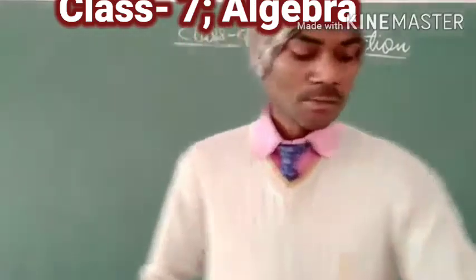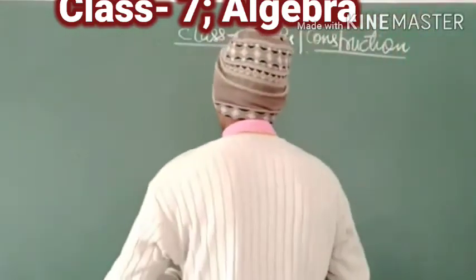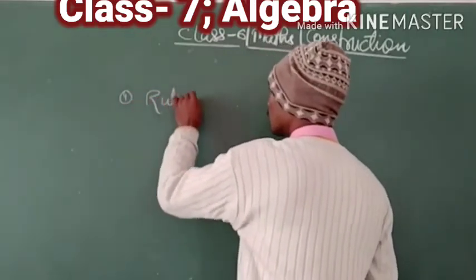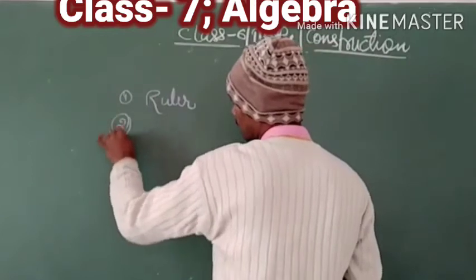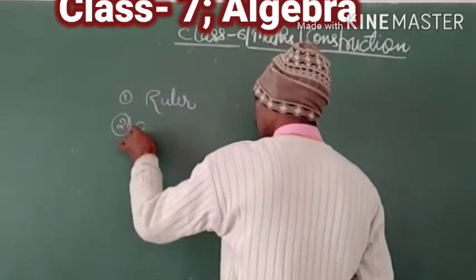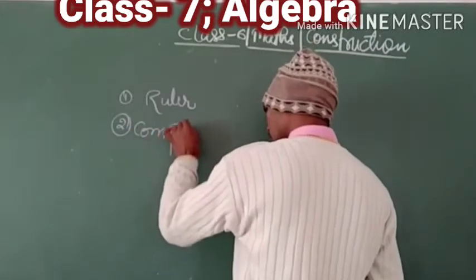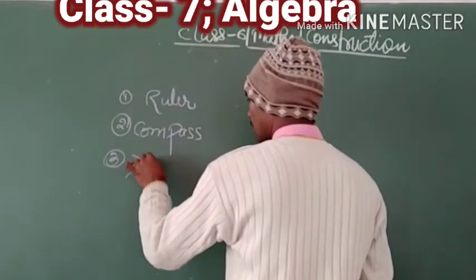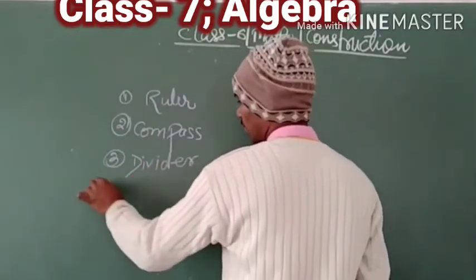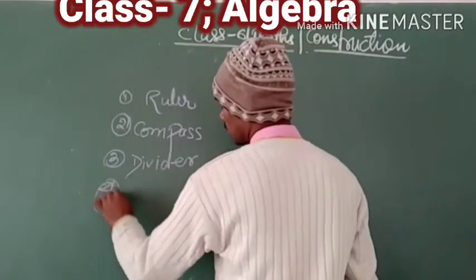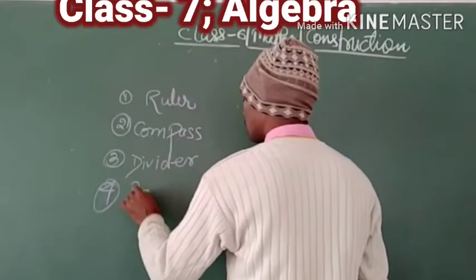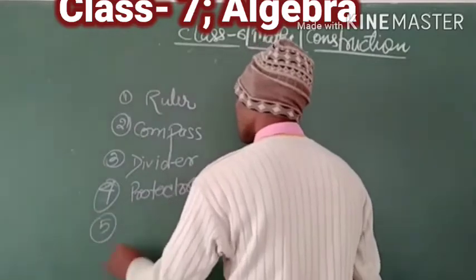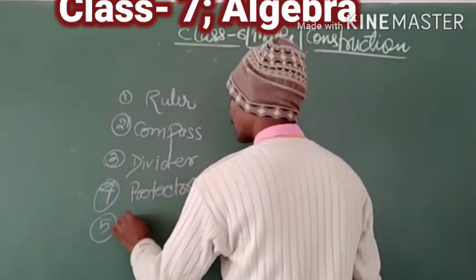So here we have some tools. The first is ruler, second compass, third divider, fourth protector, and the last is set square.